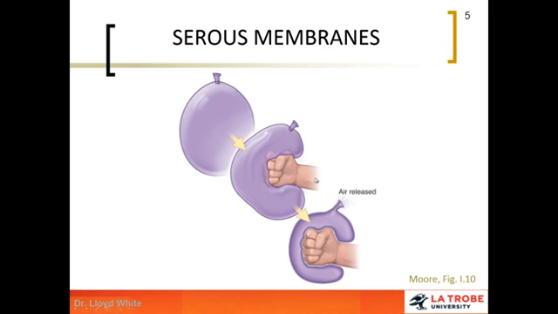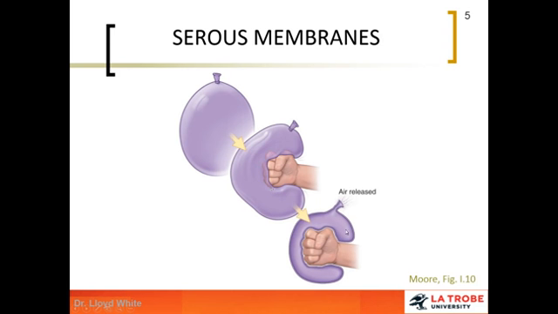But then as the organs start to grow, in this case represented by a fist and a wrist, as they punch into that balloon, those organs are going to end up being surrounded by that serous membrane. You'll still have part of the serous membrane lining the body wall, but you'll also have part of that serous membrane lining the outer surface of the organs as well.